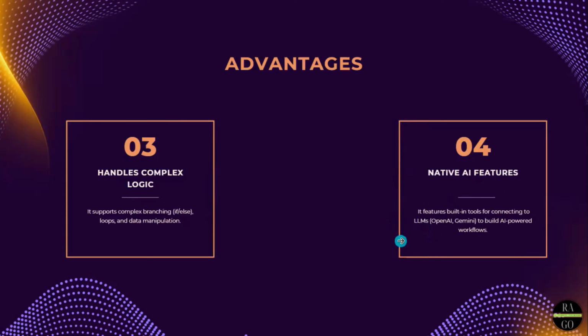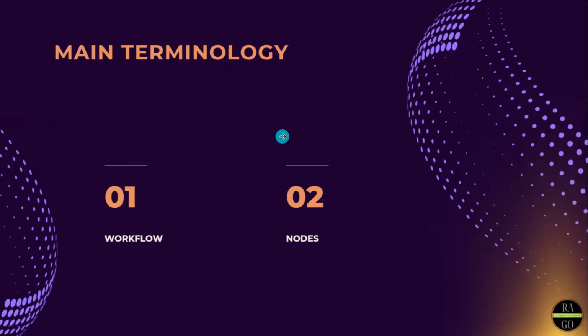It features built-in tools for connecting to LLMs like OpenAI and Gemini to build AI-powered workflows. That's another important and energetic use of n8n. So these are the main advantages that make the n8n platform much more robust, and anyone can go ahead and see the power that it equips you with.